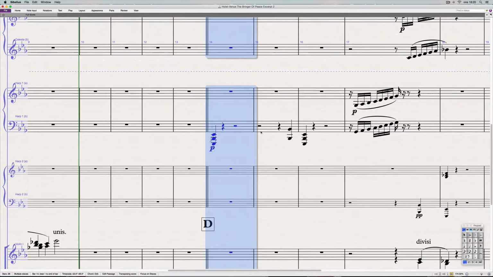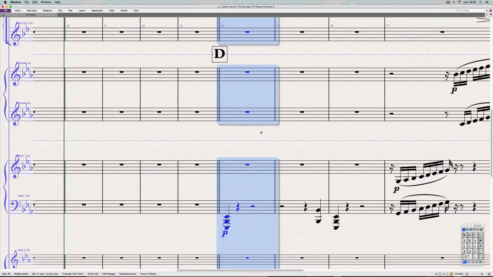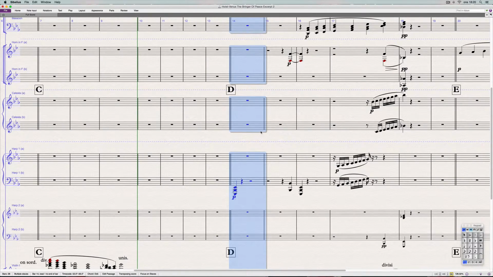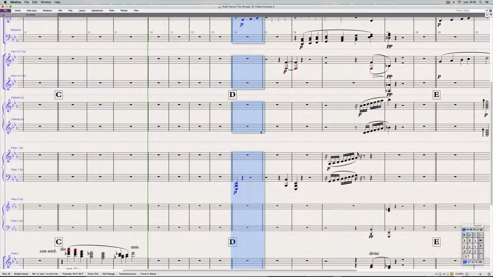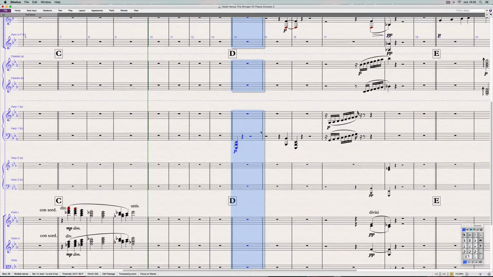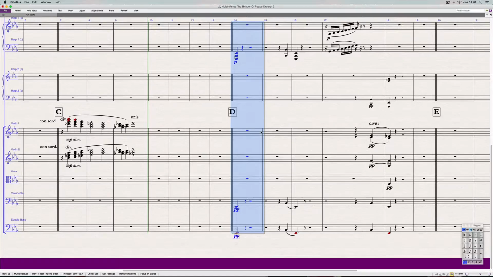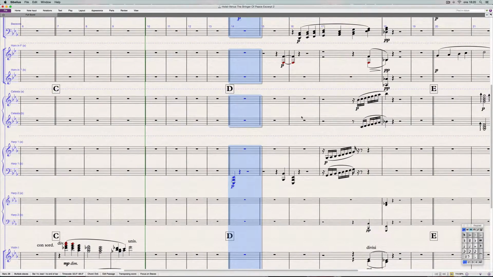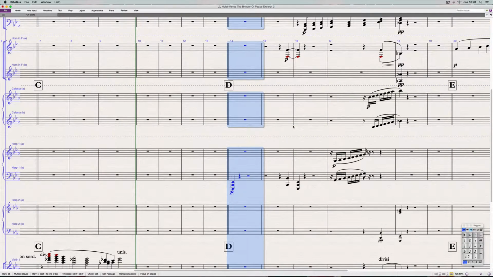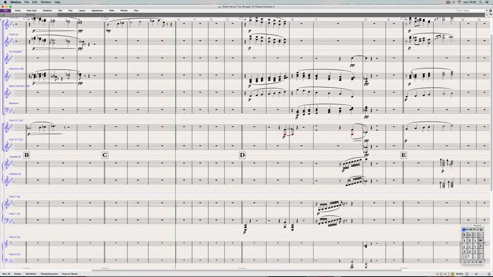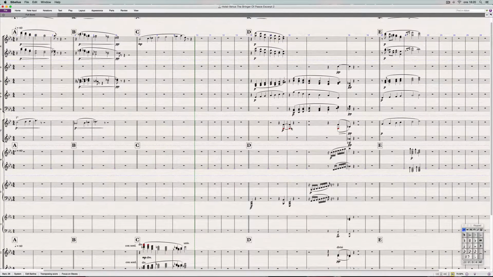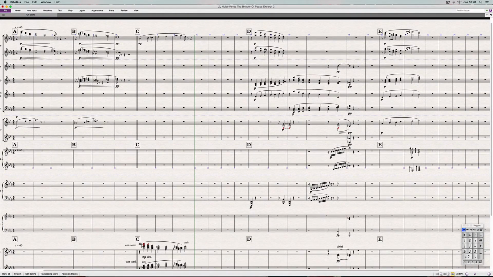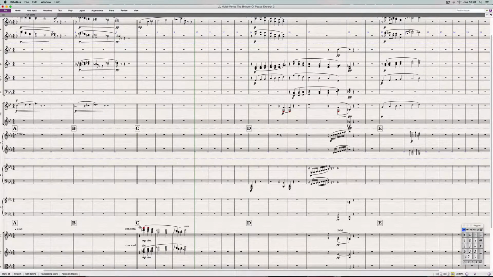So this is obviously not ideal, but really, to see if I actually, yeah, I did. Okay. The most important part here is actually the woodwinds and the horn and this part here.